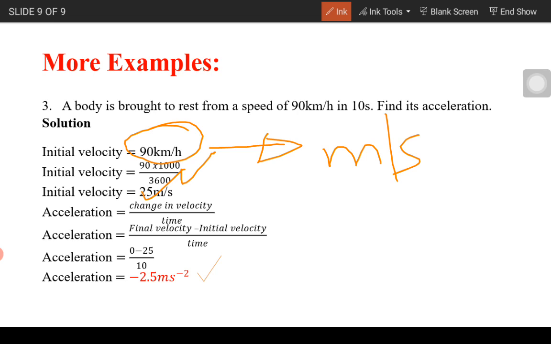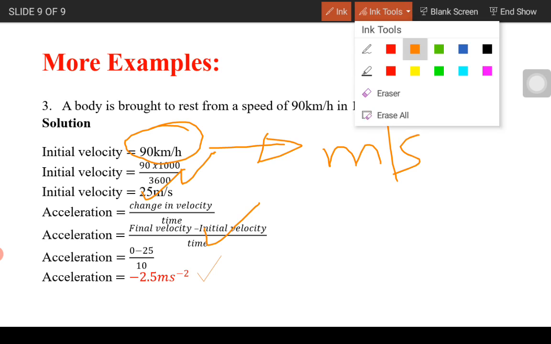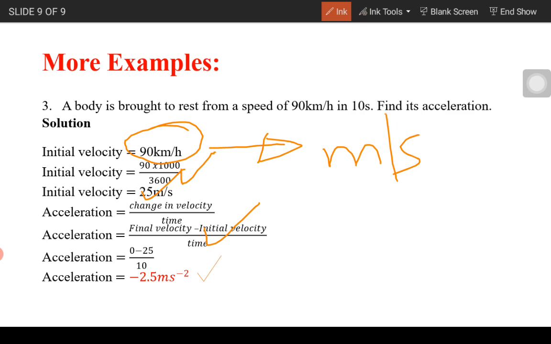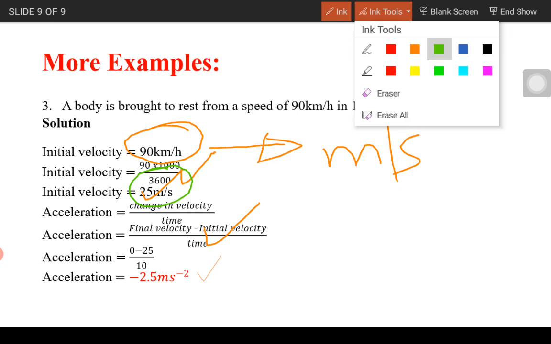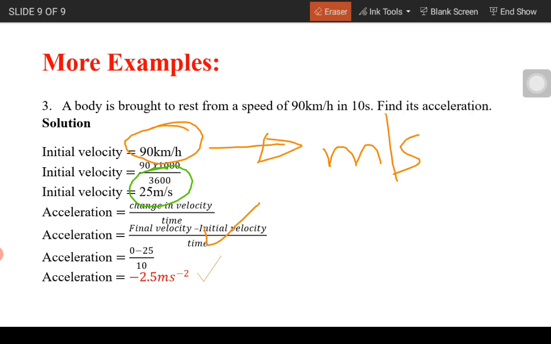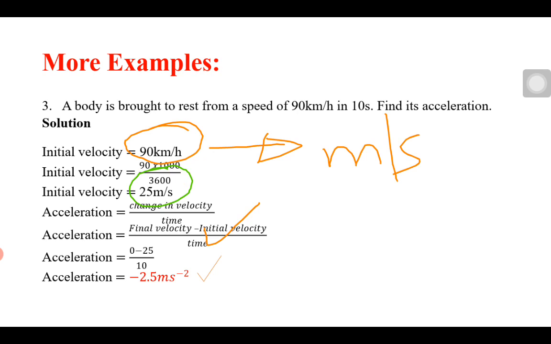The formula of acceleration is change in velocity divided by time, or final velocity minus initial velocity divided by time. Final is 0, initial is 25.